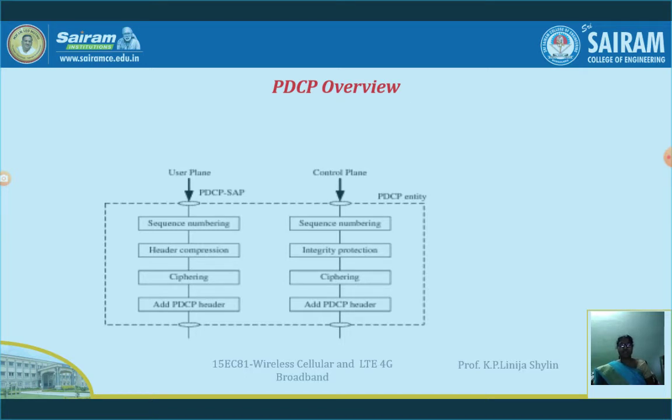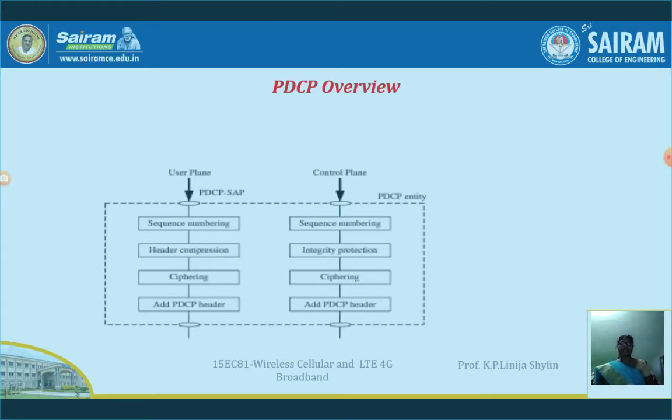However, this layer can be a pretty busy stack when we enable various additional features like integrity, ciphering and header compression. All this put together gives the effectiveness and focus of PDCP, the Packet Data Convergence Protocol.